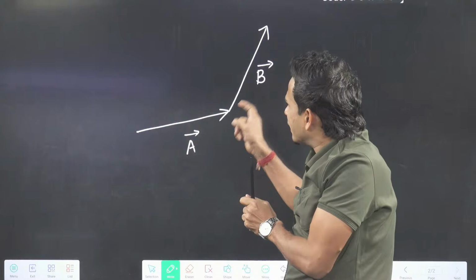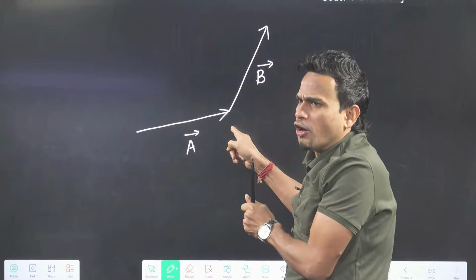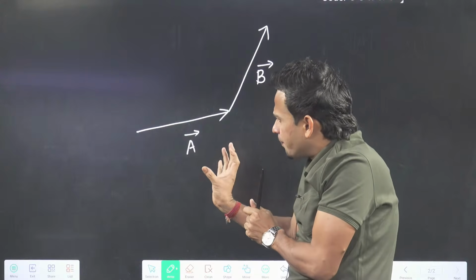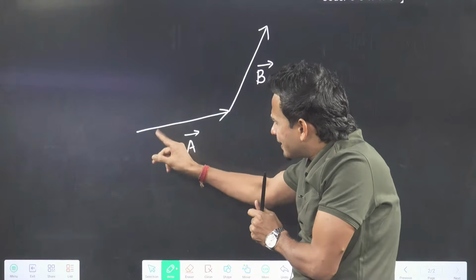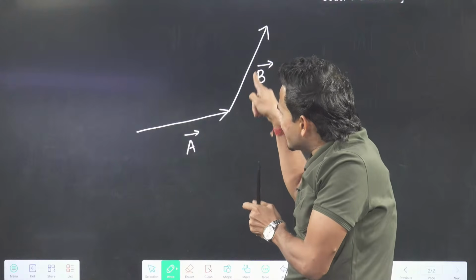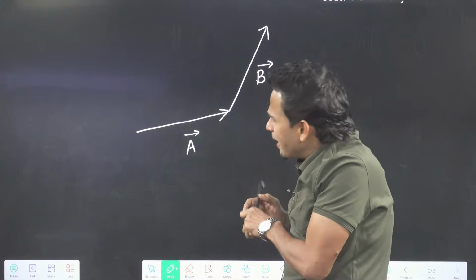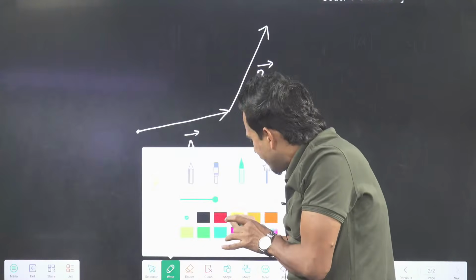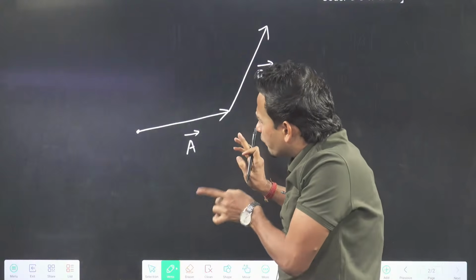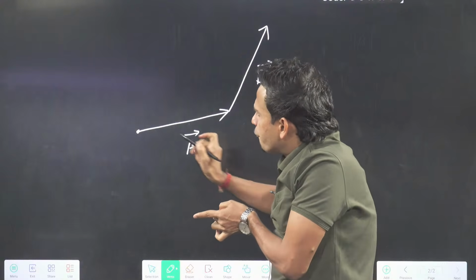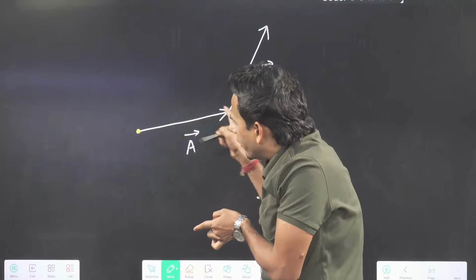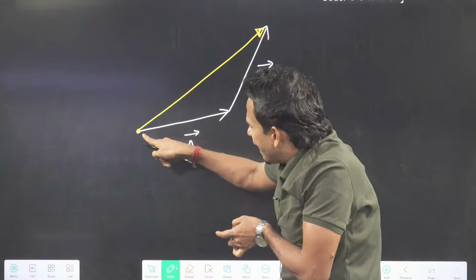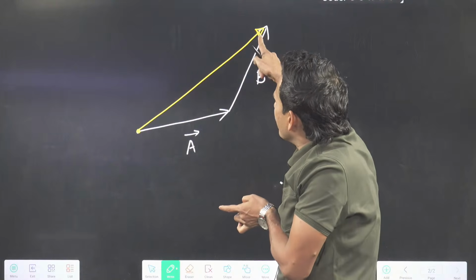Head of first vector must lie at the tail of second vector. So triangle law of vector addition says: whenever two vectors are given such that head of first vector lies at the tail of second vector, then the resultant of their addition, when you add a bar and b bar, will be a vector from tail of first vector to the head of second vector.